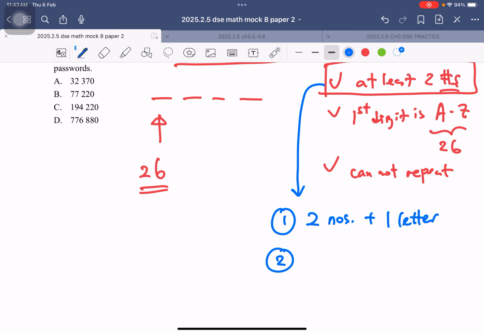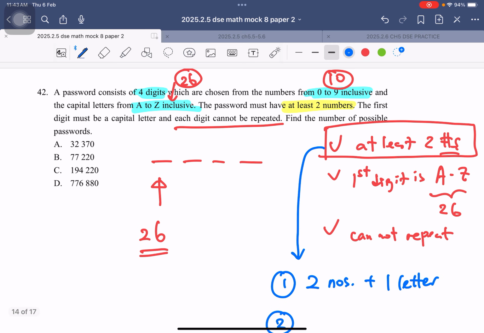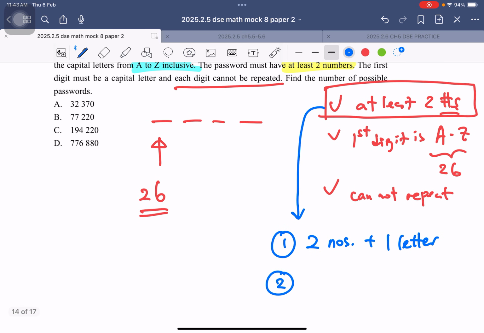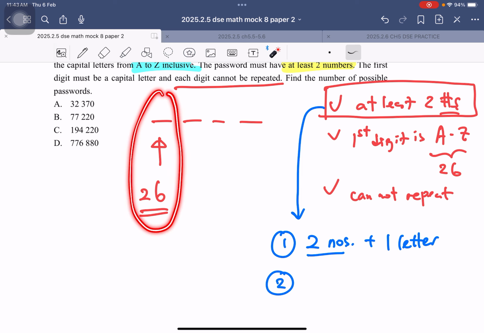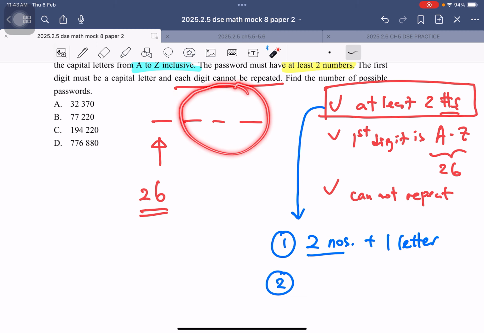And the second one is, do we have to do 2 letters? Because there's only 3 then, at least 2 numbers. But because the first digit is already fixed, you just consider these 3 digits. Among these 3 digits, it's either 2 numbers plus 1 letter or 3 numbers.